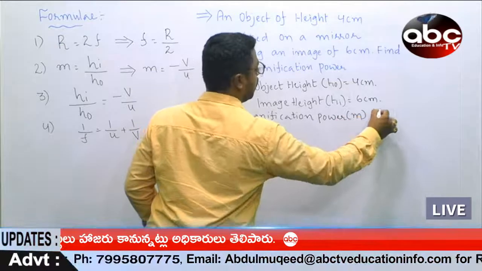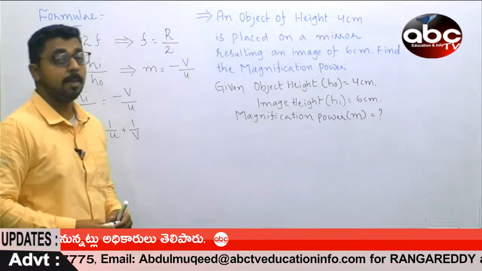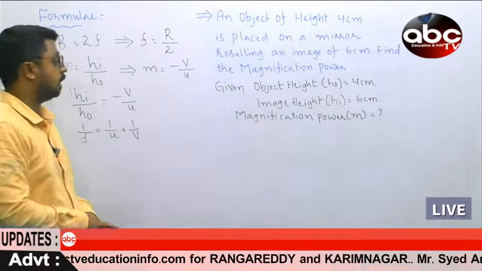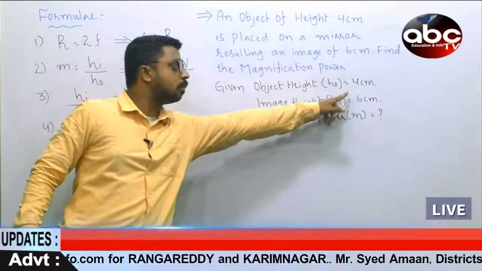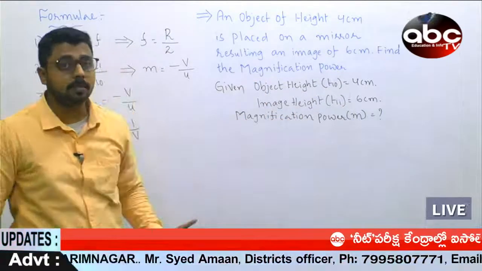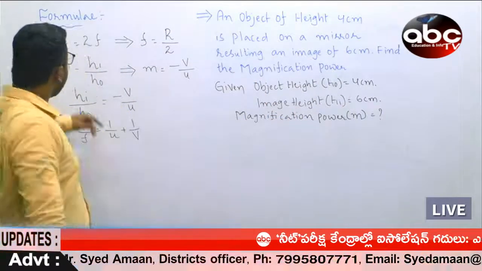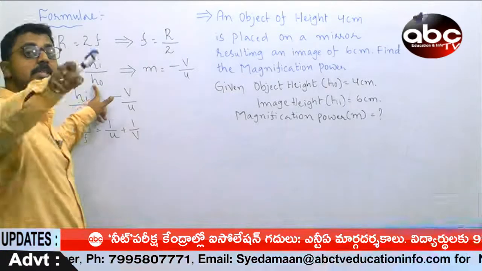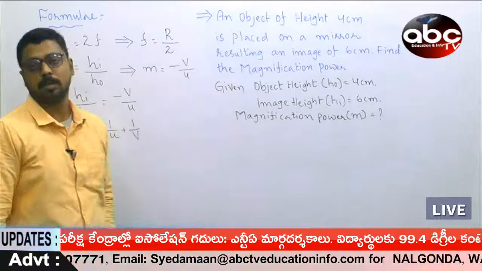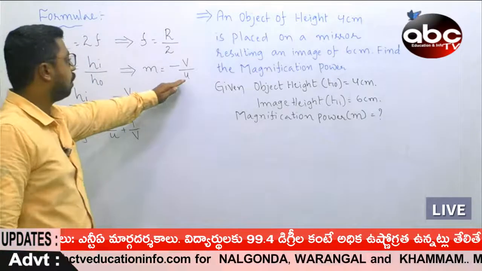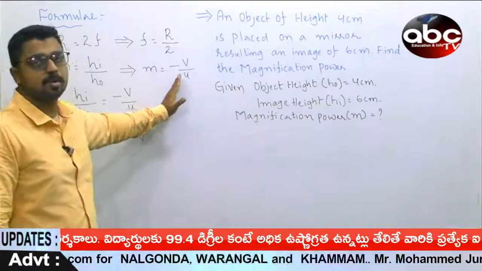M is equal to how much? You may get confused. See, what values are given? Object height and image height. That is, only the heights are given, not the distances. If heights are given, you have to calculate by this formula. If distances are given, you have to calculate by the other formula. So we are going with this formula, not using the other.